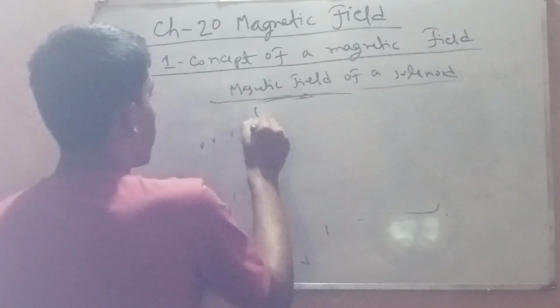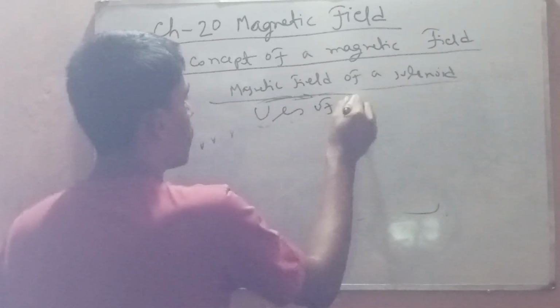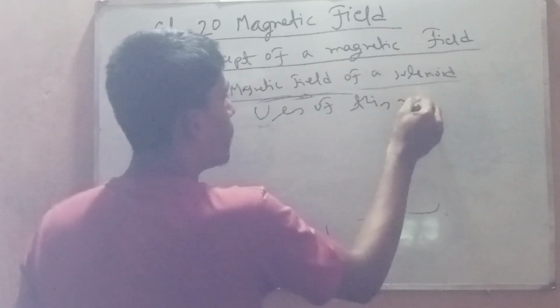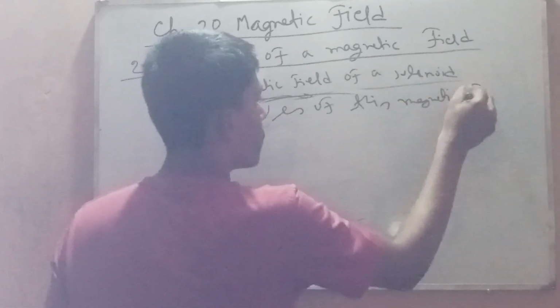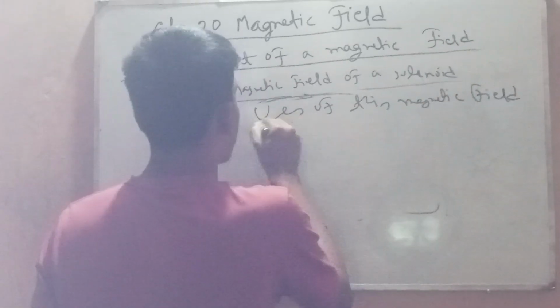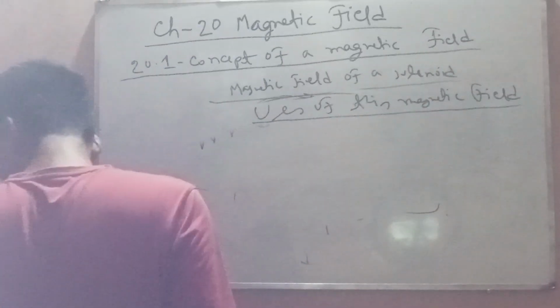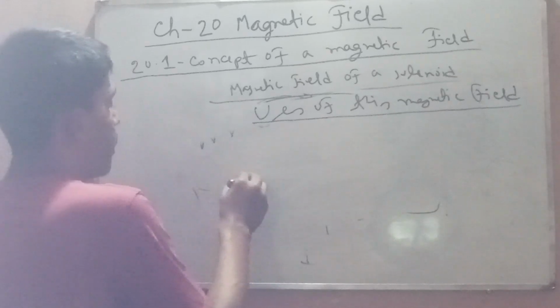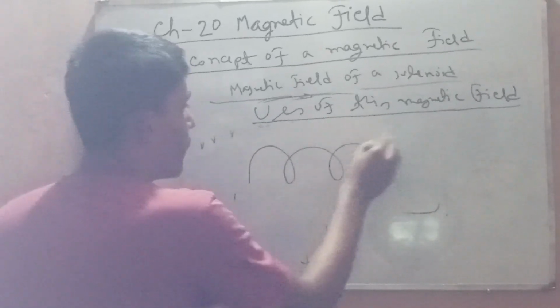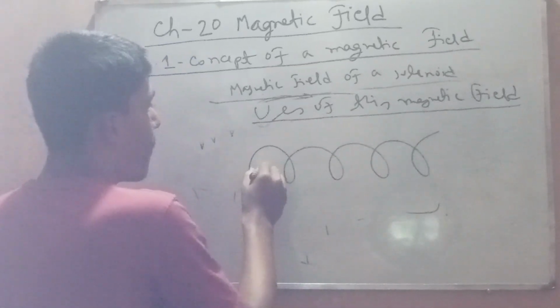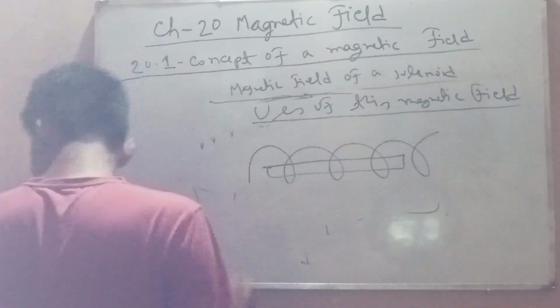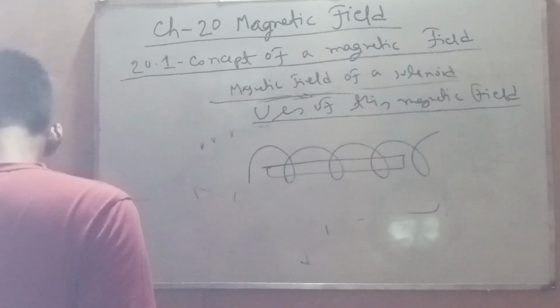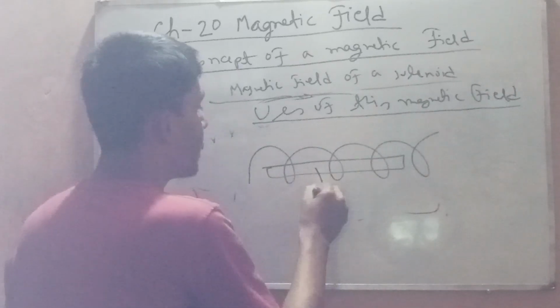And uses of this magnetic field. This magnetic field is used to magnetize material, to make permanent magnets.